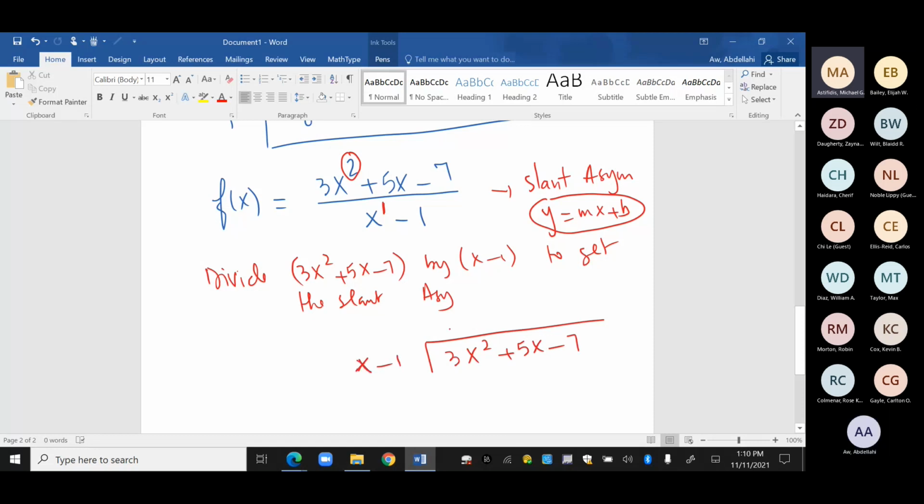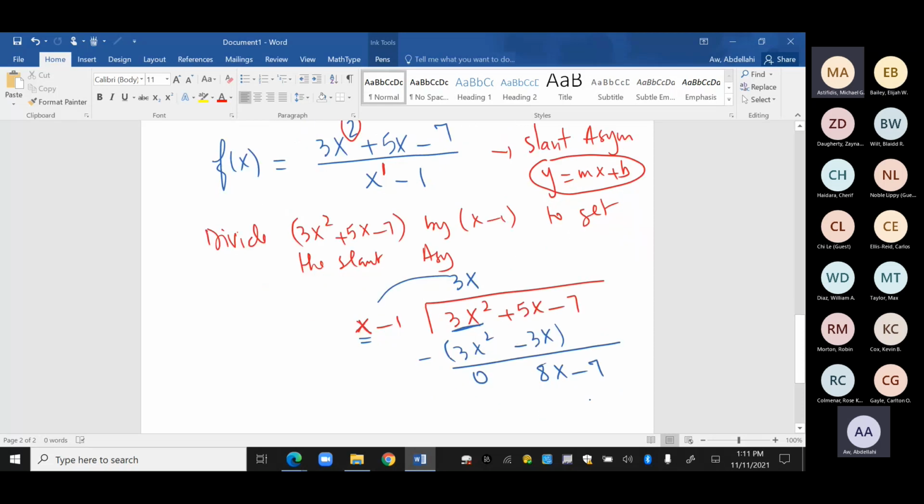Of course, all of us know how to do the long division. We take 3x squared divided by x, so it'll be 3x. We multiply, we get 3x squared minus 3x. Then we subtract and get 8x minus 7.